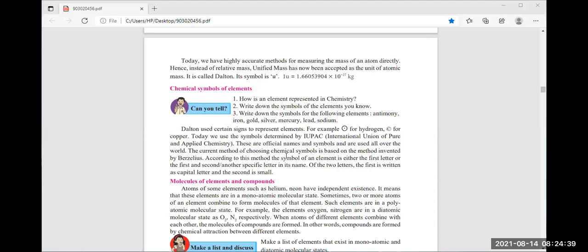Today we represent all these symbols as determined by the IUPAC, the International Union of Pure and Applied Chemistry. You should remember the full form of IUPAC: International Union of Pure and Applied Chemistry.